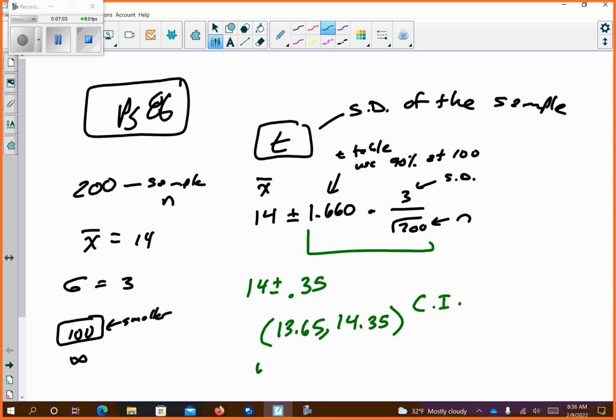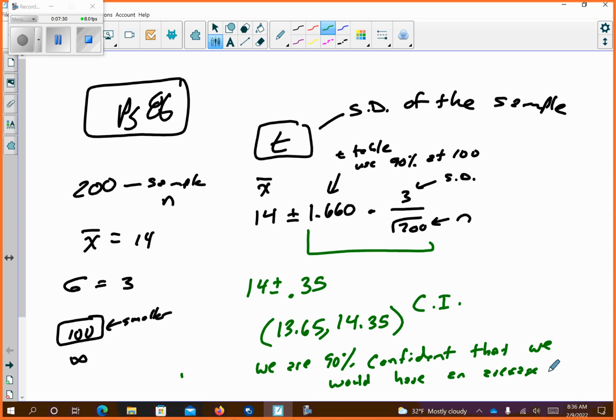So we are 90% confident that we would have an average within our confidence intervals.